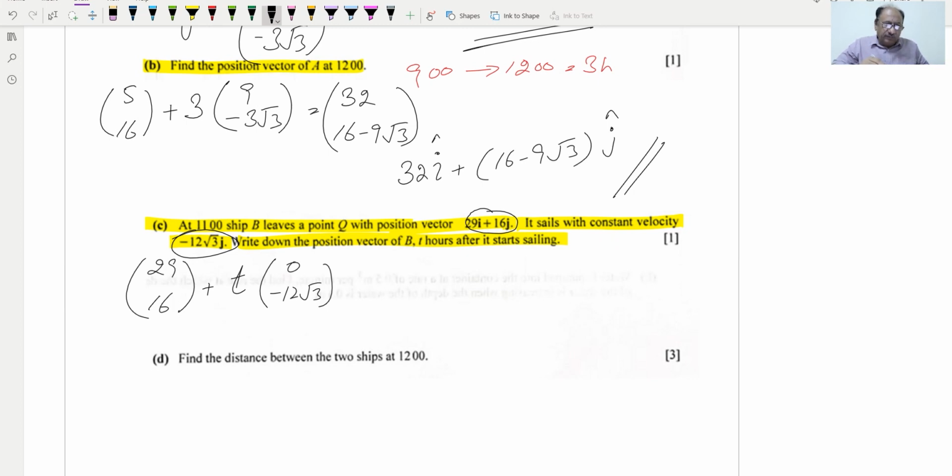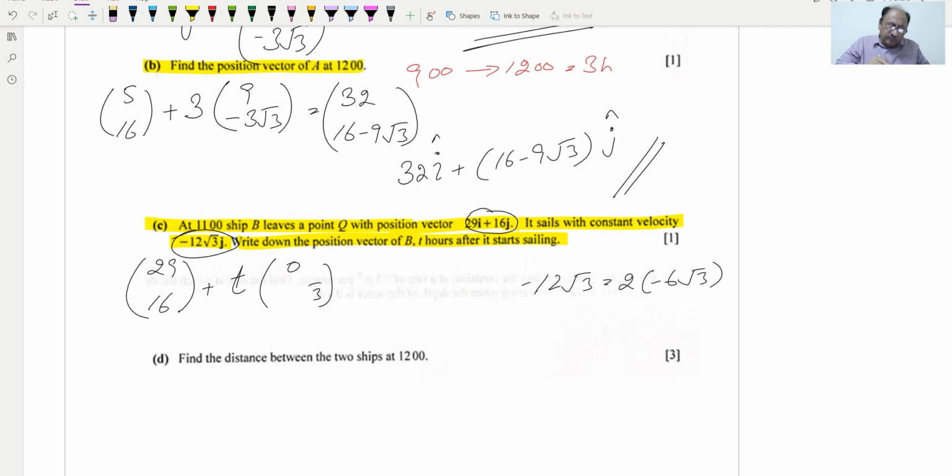Basically, we can write this minus 12 root 3 in the format like 2 into minus 6 root 3. In this format we can write.